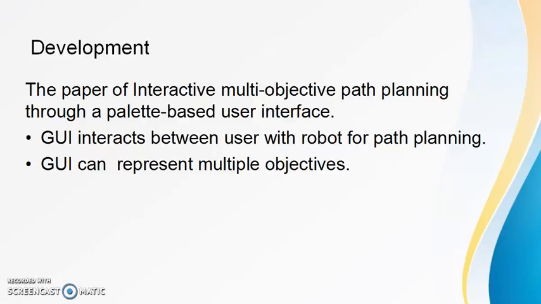The GUI can also represent multiple objectives, so we can set a lot of functions in the GUI. The user only needs to press the button and the robot can work by itself.